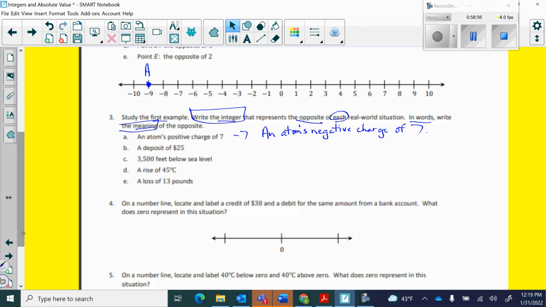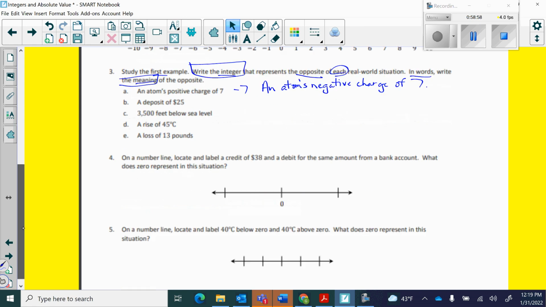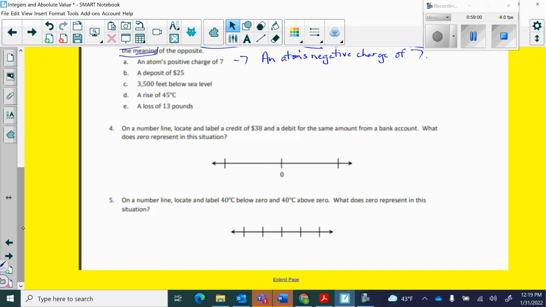Okay? Now, 4 and 5, we go kind of quickly because we got to get your quizzes back. On a number line, locate and label a credit of 38 and a debit for the same amount. What does 0 represent in this situation? So there's 2 parts to this, right? Credit, good or bad? Good. Debit, good or bad? Bad. What is 0 in this situation? What's that word we've been using?